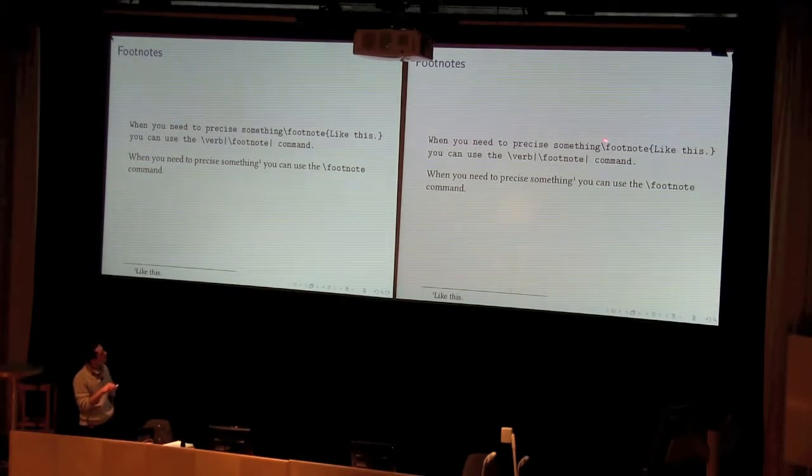After the word you want to note, you use the command footnote with the text you want in the footnote, okay? LaTeX produces all the rest. The little number here is produced by LaTeX. If you have multiple footnotes on the same page, they will be numbered automatically, and so on, okay?